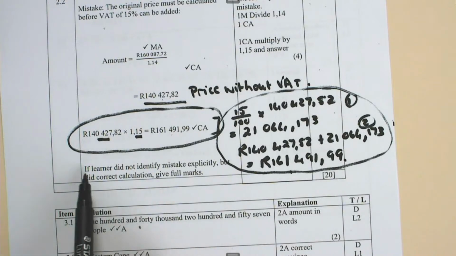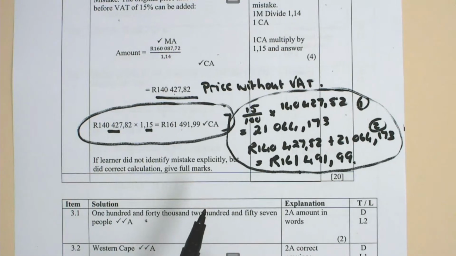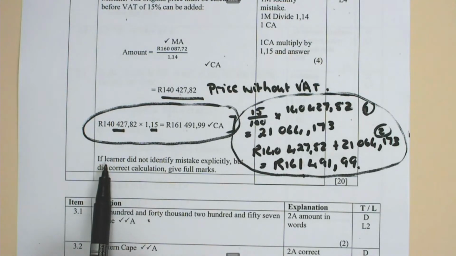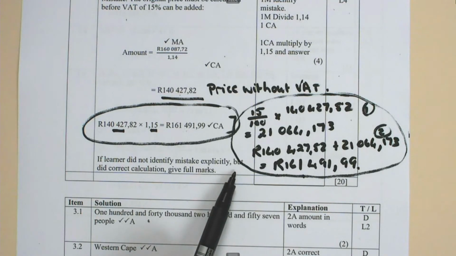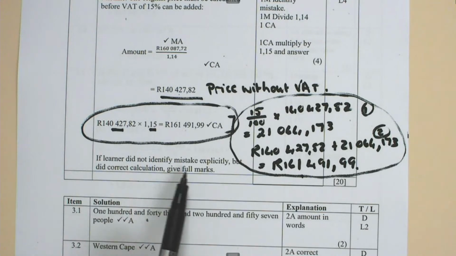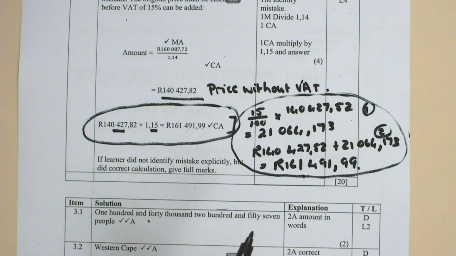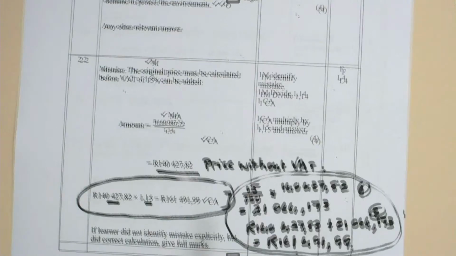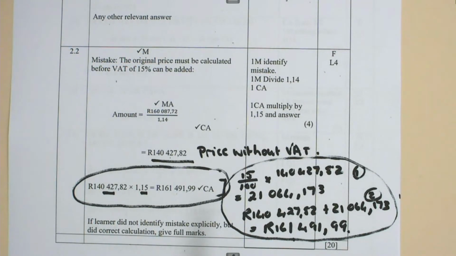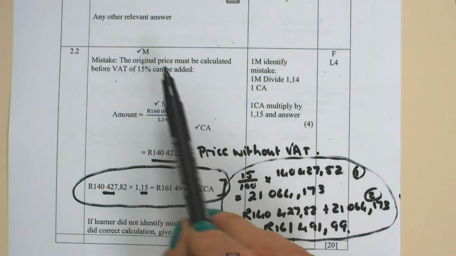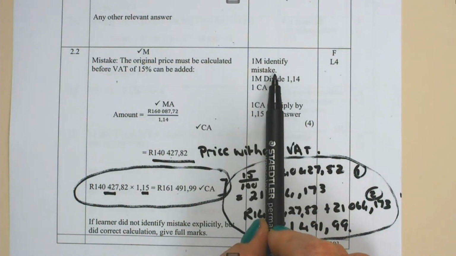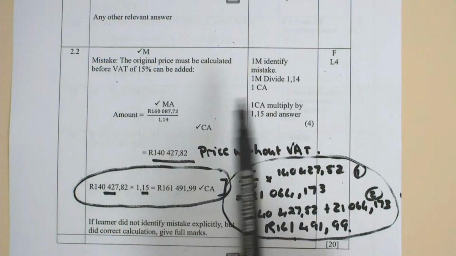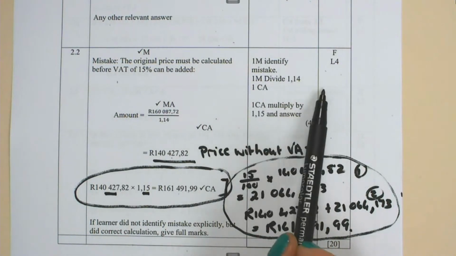Now here at the bottom is a remark which says, if the learner did not identify the mistakes but did the correct calculation, you can give full marks as well. So let us check what the marks are going to be allocated. The first mark here is given for identifying the mistake. Then there is a mark for dividing by 1,14.